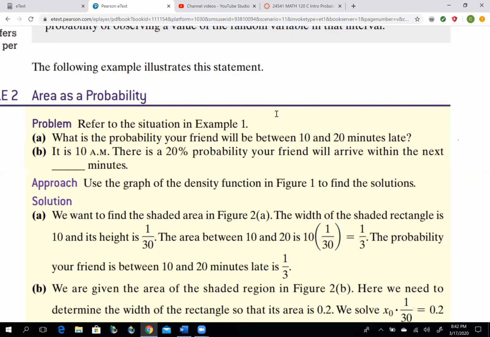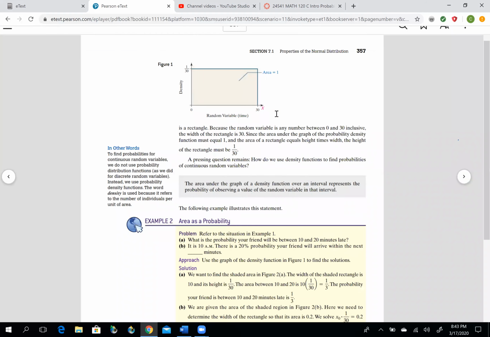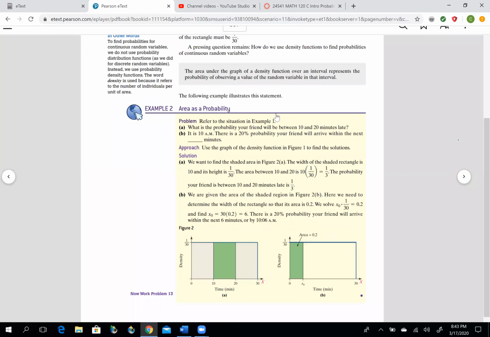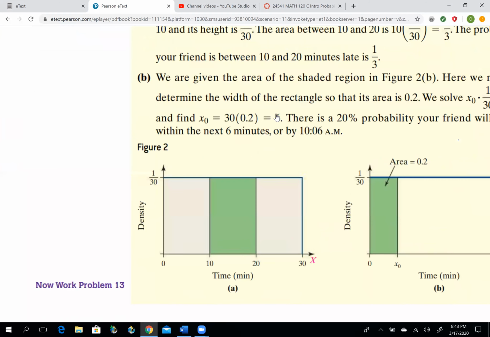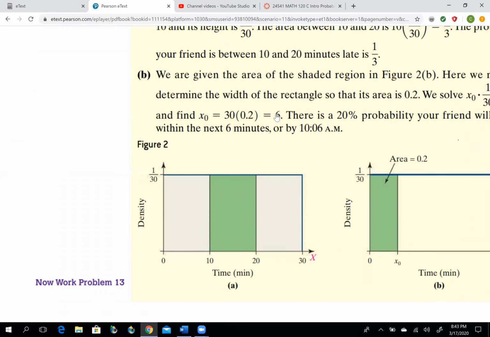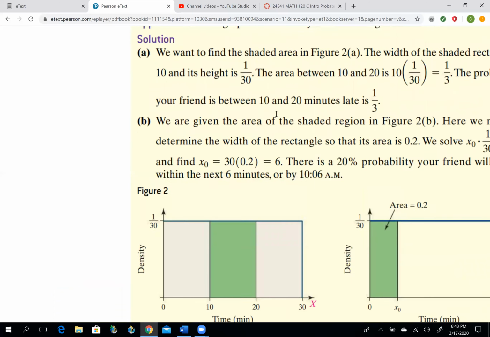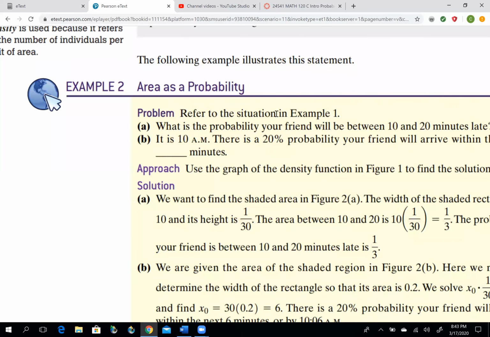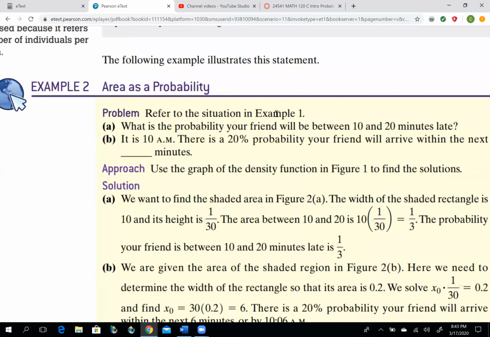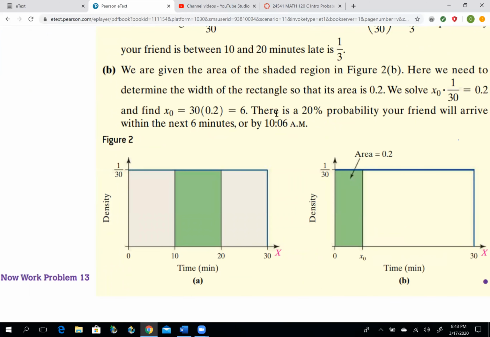So what is the probability your friend will be between 10 and 20 minutes late? Again, guys, let me show you this. If this is a rectangle, your friend could be on time, 0, or 30 minutes late. The base is 30 and the height is 1 over 30. The question is what is the probability that your friend will be between 10 and 20 minutes late? So this is 10, this is 20, and I'm going to make a rectangle.